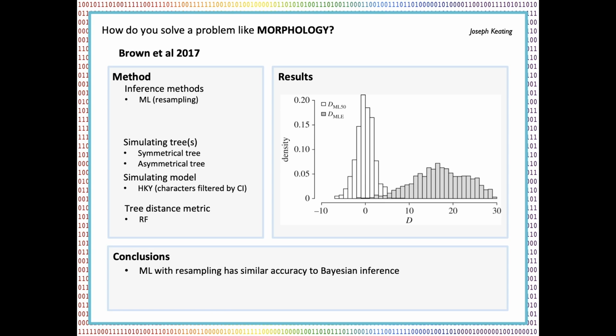This study caught the ire of Joseph Brown and colleagues, who pointed out that if you consider the support of maximum likelihood trees via resampling and collapse bipartitions under a certain threshold of support, maximum likelihood estimation can achieve a similar level of accuracy to Bayesian inference.